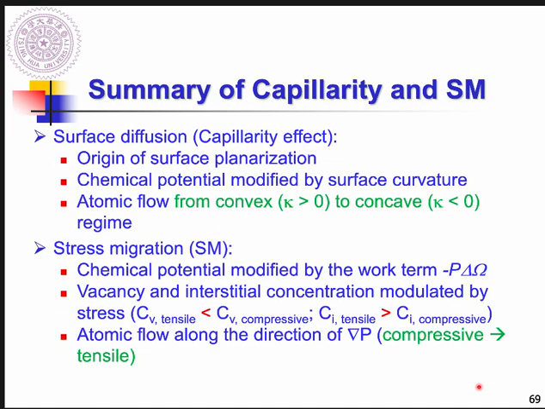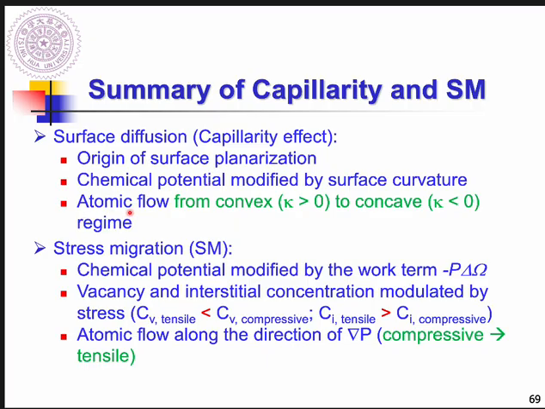Afterward, you will visualize more interstitials observed in the tensile region than in the compressive region. So I'll give you a quick summary for the capillarity and stress-field-induced migration. For the capillarity effect, the origin is that it will finally reach surface planarization. And the driving force here is the chemical potential difference due to the surface curvature.